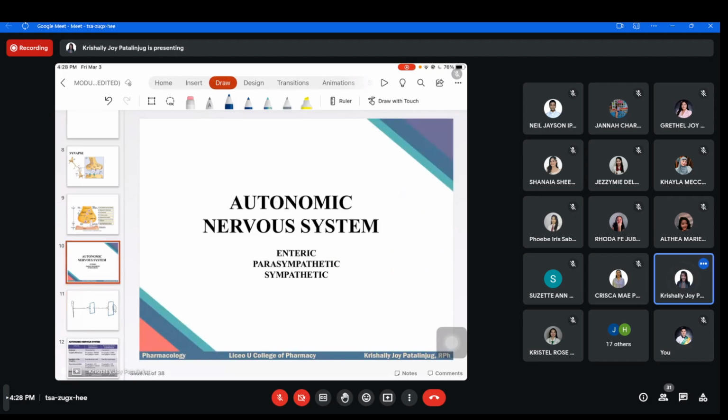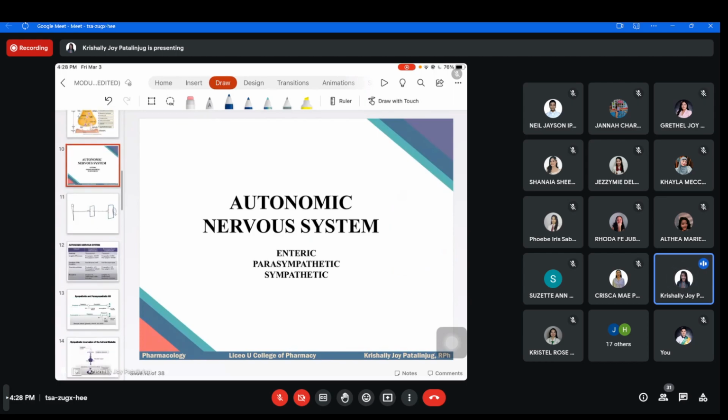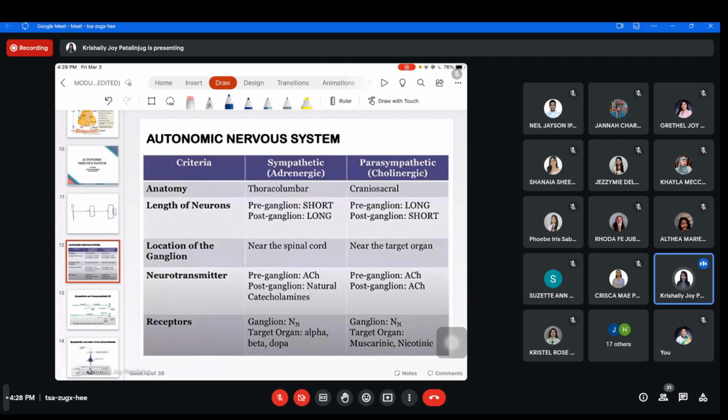Okay? So, talking about the autonomic nervous system, I think I have discussed the preliminary part of this table. And again, just to review quickly, the first three there, I already discussed, no? By the way, the first one, this tells us about the origin or the roots of neurons.